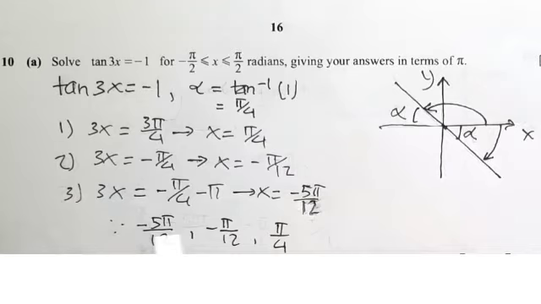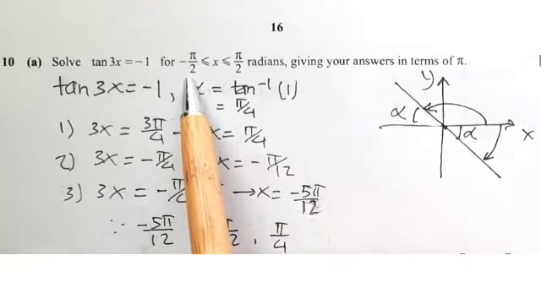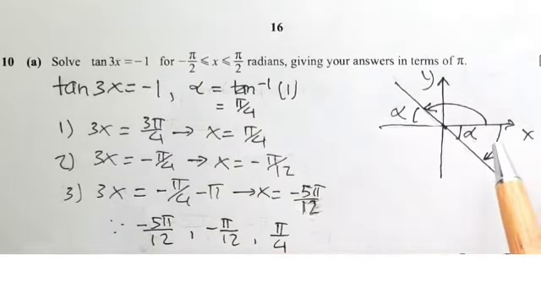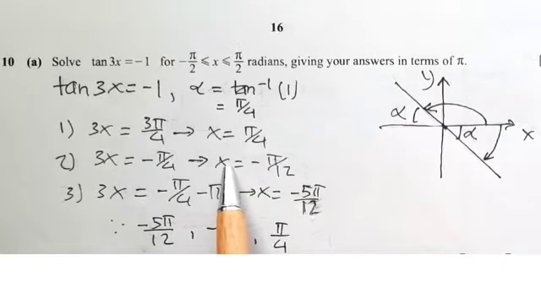And the second, since the domain is from minus pi over 2 until pi over 2, here we use the negative angle, so we rotate in the clockwise direction. Thus 3x equals minus pi over 4, so x is minus pi over 12.